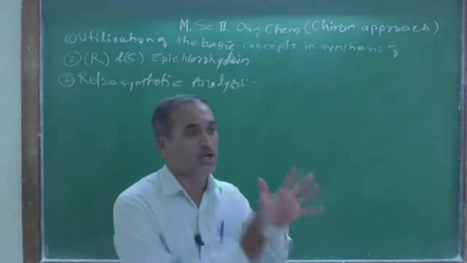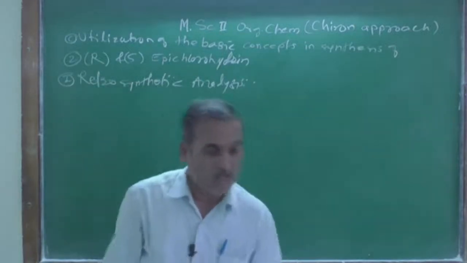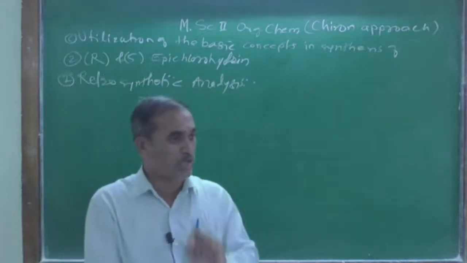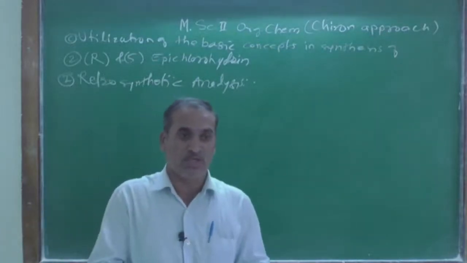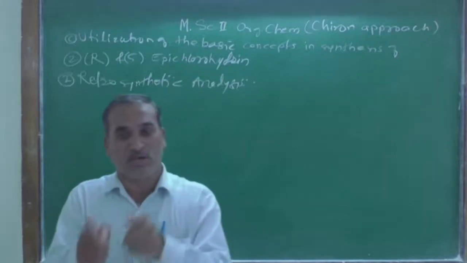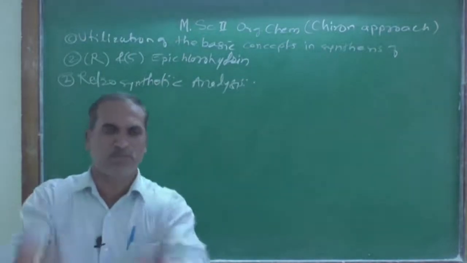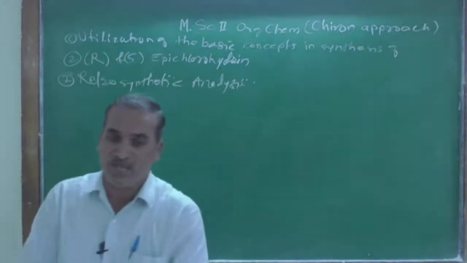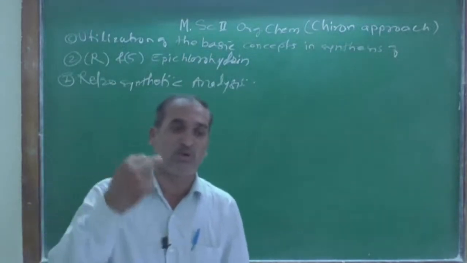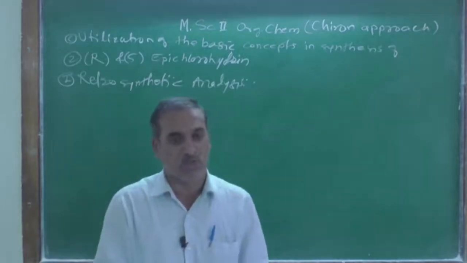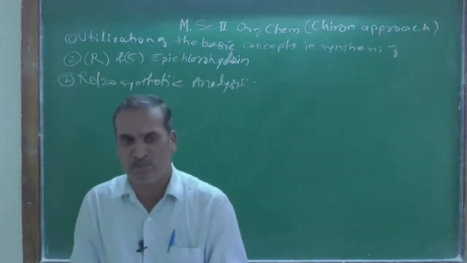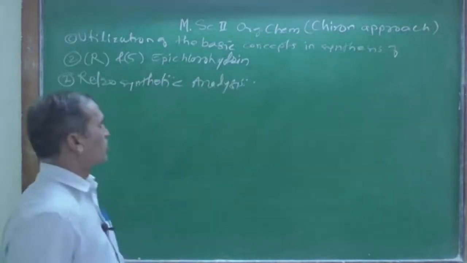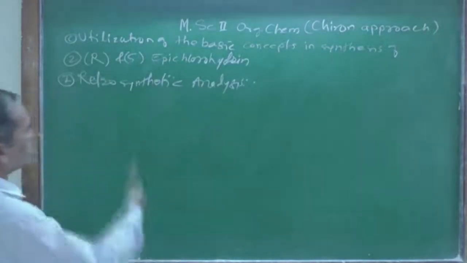Disconnection is an analytical operation which breaks a bond and converts a molecule into possible starting materials. FGI means one functional group converted into another functional group so that disconnection becomes possible. These are the terms we are going to use frequently while studying this.